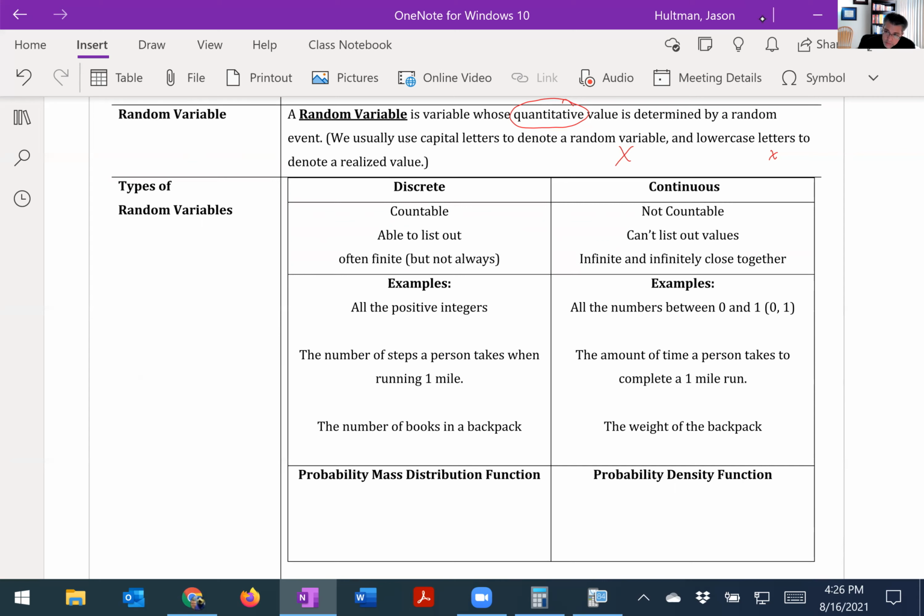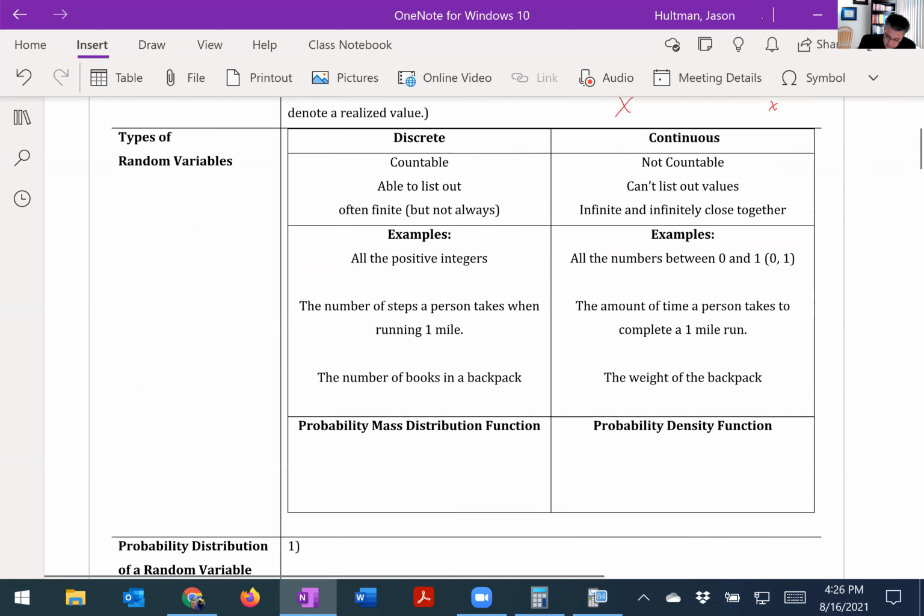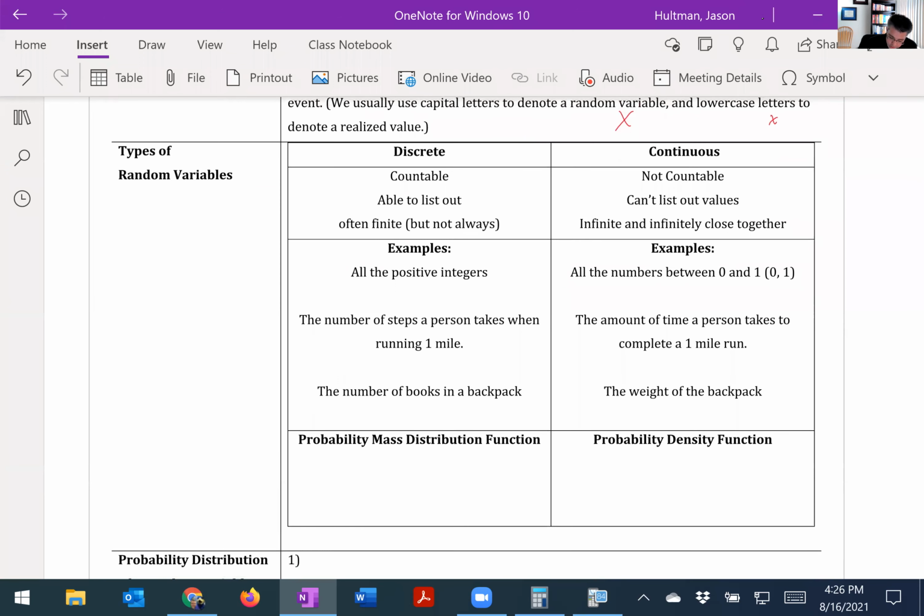Okay, number of books in a backpack. They come in whole books. That's discrete. What does the probability mass distribution function of something that's discrete look like? Well, it's a chart. It looks like this, P of X and X, and then we're going to have 1 at the top because these are going to be probabilities, and all probabilities go from 0 to 1.